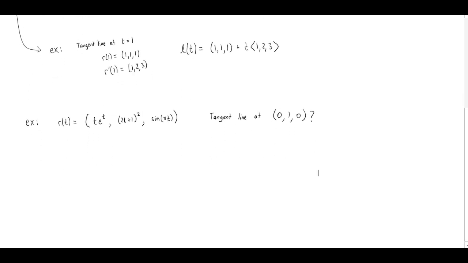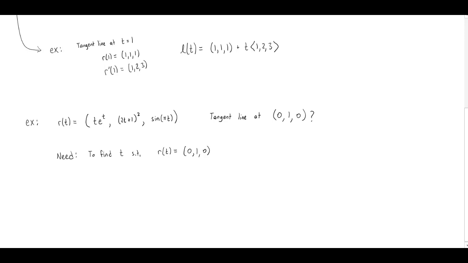So we need to find the time t such that r of t is equal to this point that we were given. That's as simple as just equating the x, the y, and the z components together.